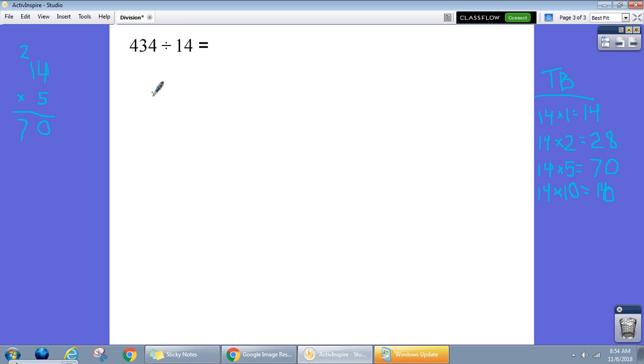So now I'm going to write my problem over here. 434 divided by 14. All right, now I can start taking out some numbers. So I want to get as close to 434 as I can without going over.